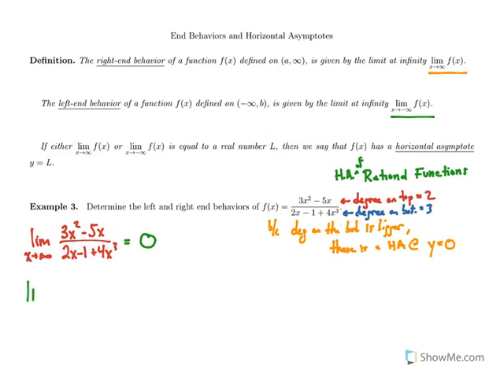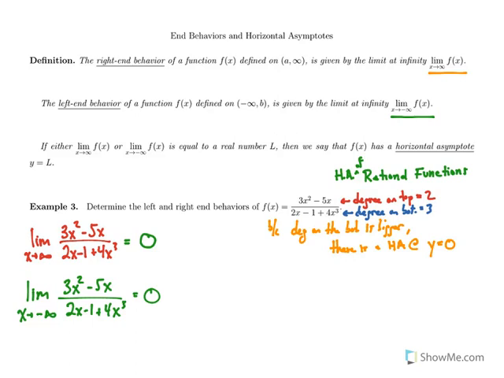Similarly, the limit as x approaches negative infinity is going to be the exact same for the exact same reasons. So having the limits be equal to 0 is the same as saying there's a horizontal asymptote and vice versa.